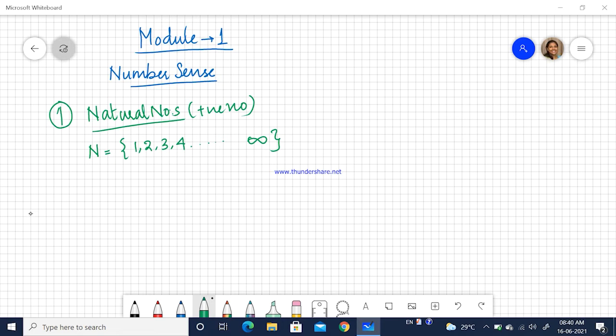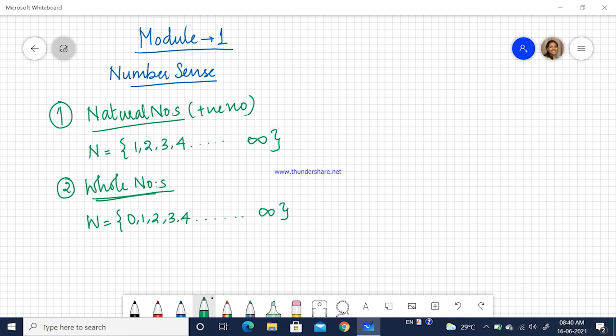Now let's see what a whole number is. A whole number is denoted by the letter W. It starts from the counting numbers and it includes 0, 1, 2, 3, 4 till infinity.